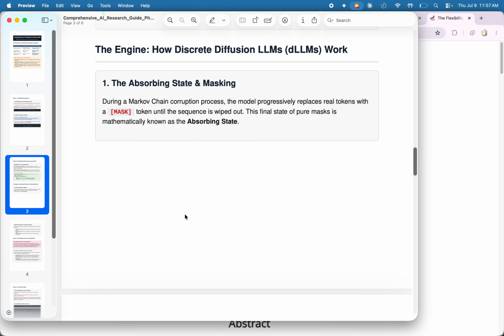When DLLMs do this, they have some issues with structured words. For words like if, however, therefore, because, for all the objective words, it will easily figure them out and fill those up first.